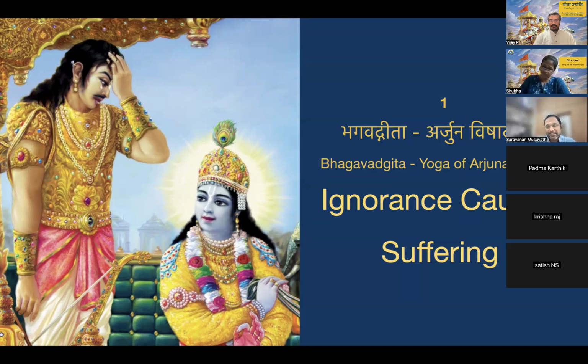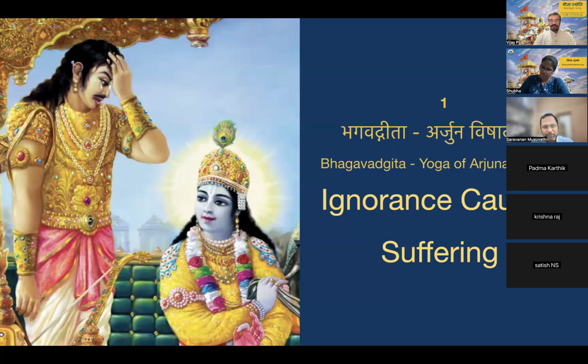So here, with respect to the Gita, it is Arjuna's ignorance about the self and the world, as he's in the war trying to fight, where all his friends and relatives are on the other side, teachers are on the other side, right?